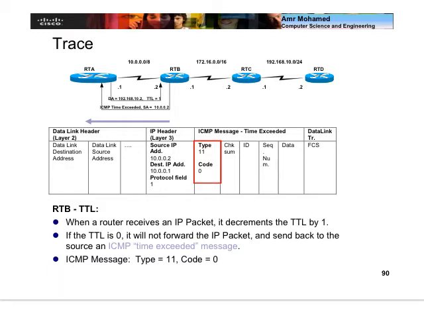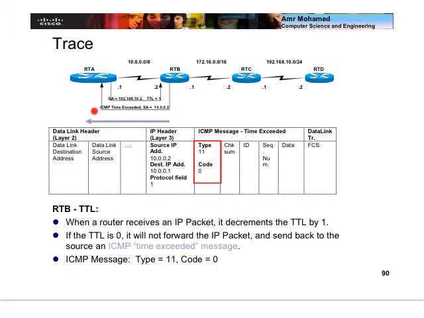The request for ICMP had a type of 8, and the reply had a type of 0. This has a type of 11, an error message that indicates time exceeded. Time exceeded indicates that the TTL has reached 0 and I cannot forward it anymore, so I'm just sending you back an error message that time exceeded.